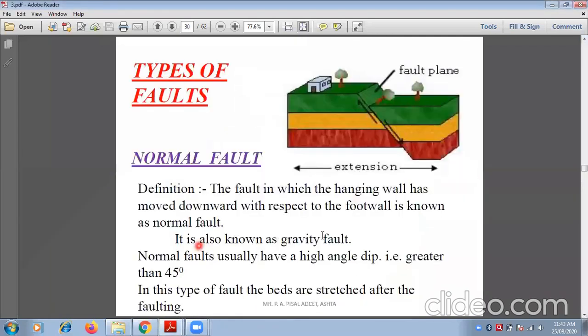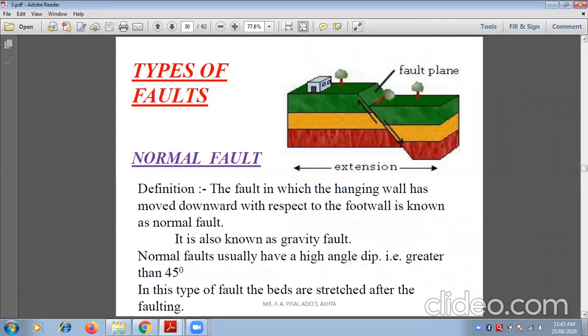It is also known as a gravity fault. Okay, because of its own gravity, this hanging wall moves downward as compared to the footwall. Normal faults usually have a high angle dip that is greater than 45 degree.